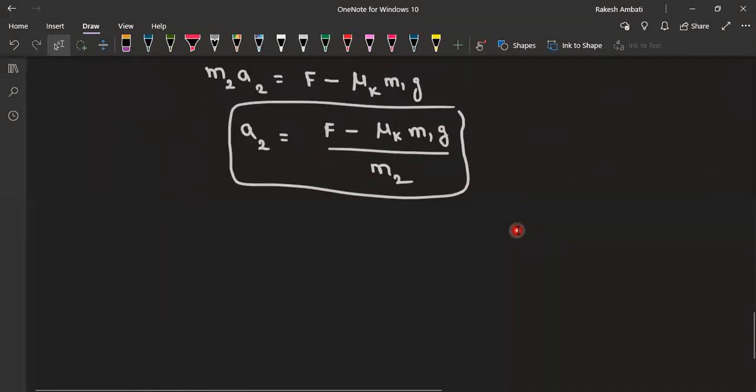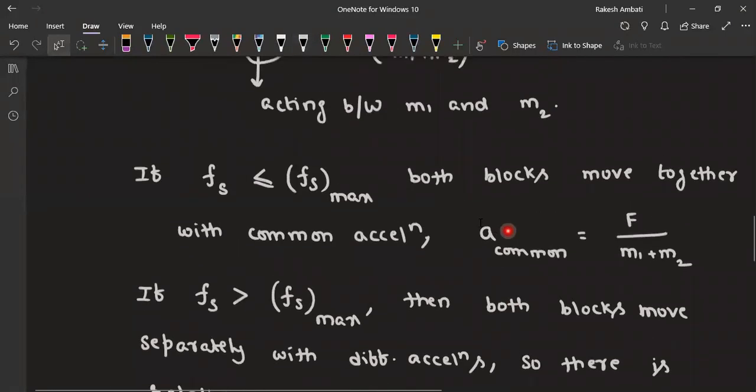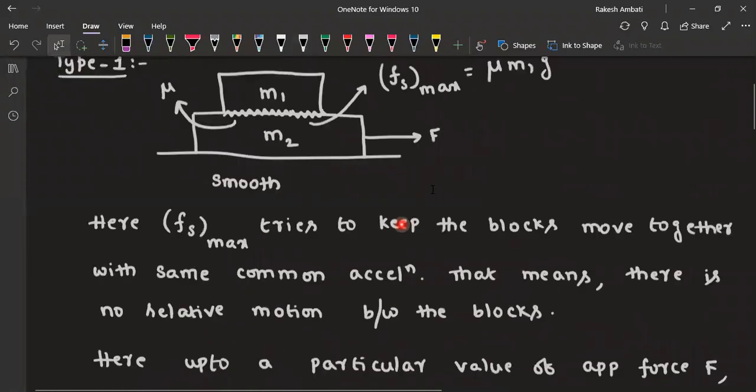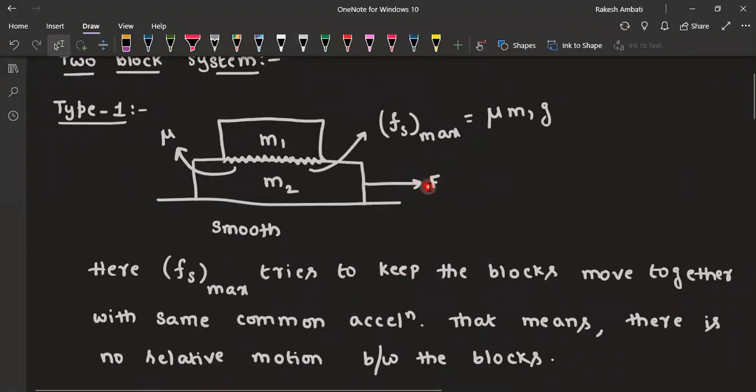So in the same case, step 2. Now I told you already, up to a particular value of applied force, the two blocks move together with the same acceleration. I want to find out that maximum applied force.